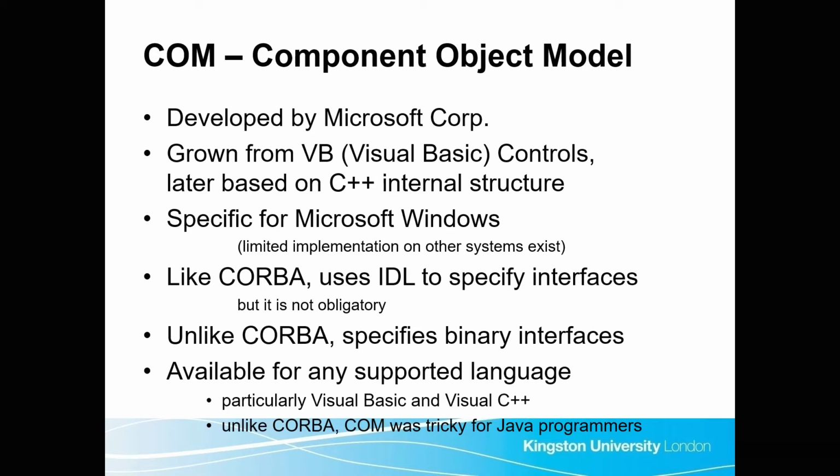It was introduced just 2 years after CORBA, and because of the position of Microsoft Corporation in the commercial ecosystem, it proved to be very popular, mostly on the PC and Windows platforms. It has grown from a previous technology called VB controls, or Visual Basic Controls, later based on C++ internal structure.